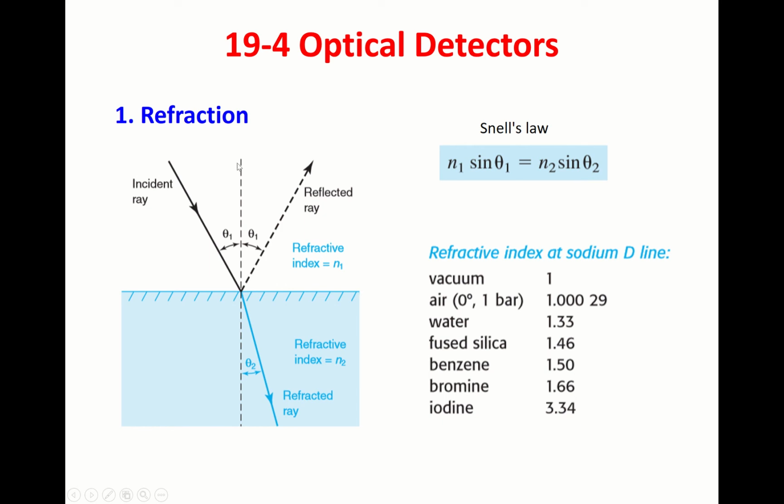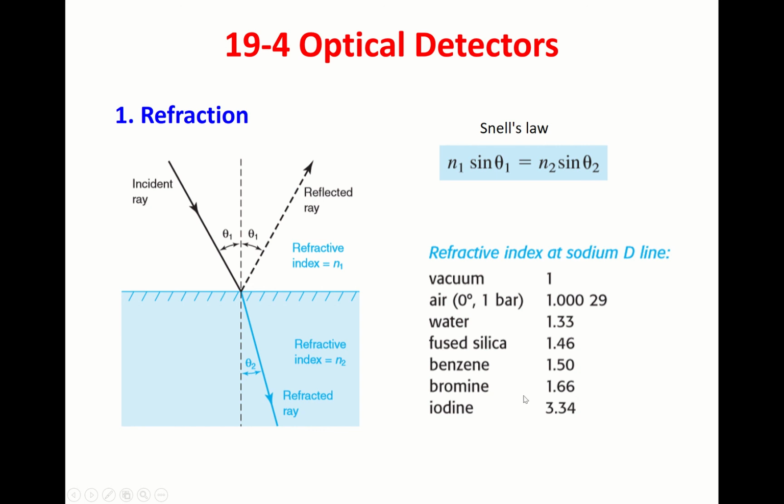So you draw this line normal to the surface, and then you measure the angle. Snell's law dictates that n1 sine theta 1 equals n2 sine theta 2. This is called Snell's law. Very, very simple law.